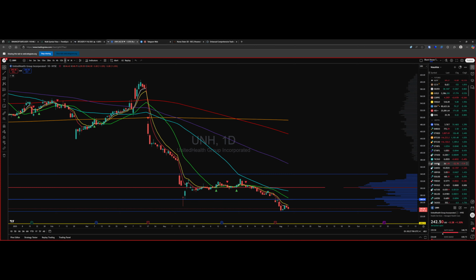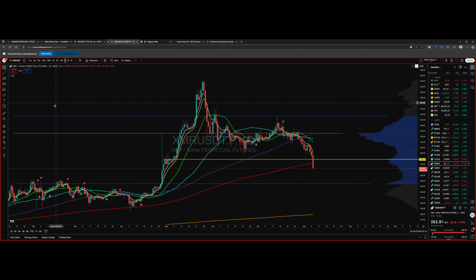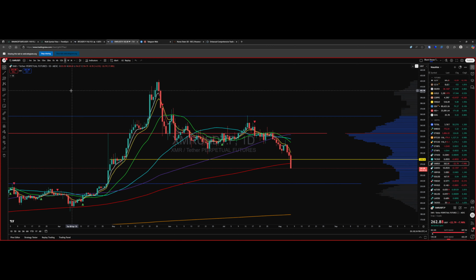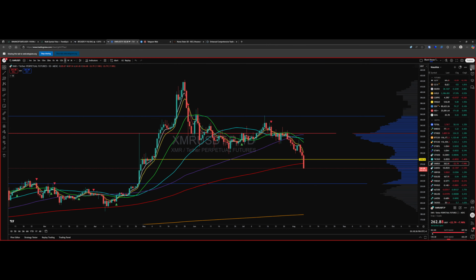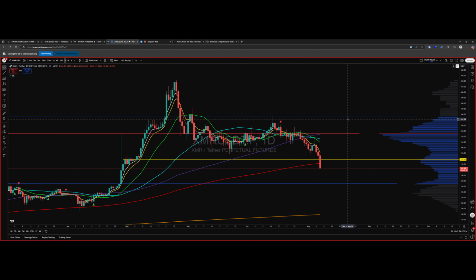Let's look at, because we were asked towards the end of the last session to look at Monero, which we did. And we were like, let's back up here a little bit. That's not looking too healthy. What's the downside risk?